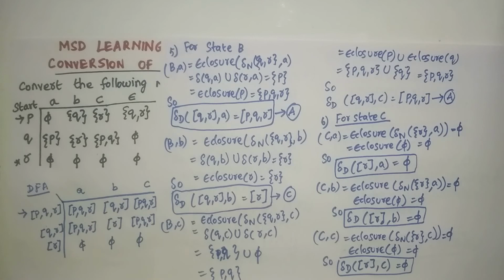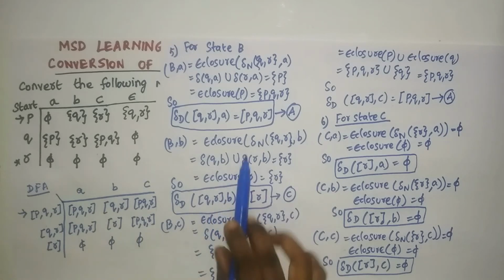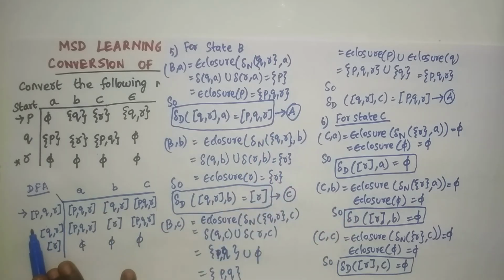Now when we are making the initial state, directly we have to take capital A as the starting state. That is the initial state. Now we need to find which is the final state of the new DFA.